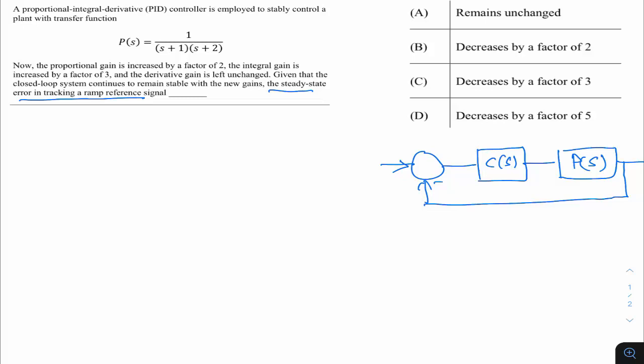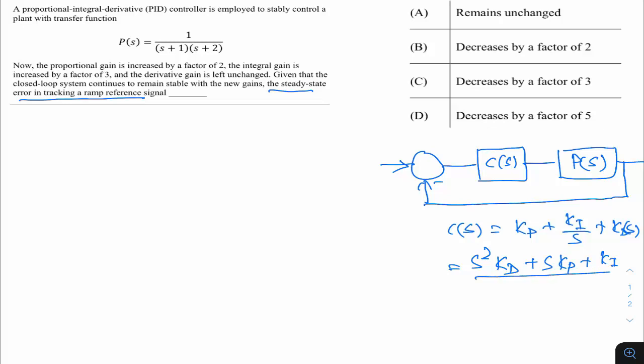Now if I ask you what is C(s), I mean the PID controller transfer function, it is the very standard transfer function Kp plus Ki by s plus Kd s, isn't it? If you take the LCM and simplify this, it happens to be (s square Kd plus s Kp plus Ki) divided by s.